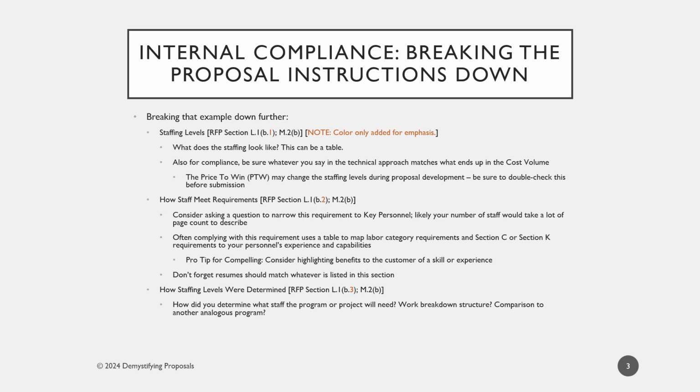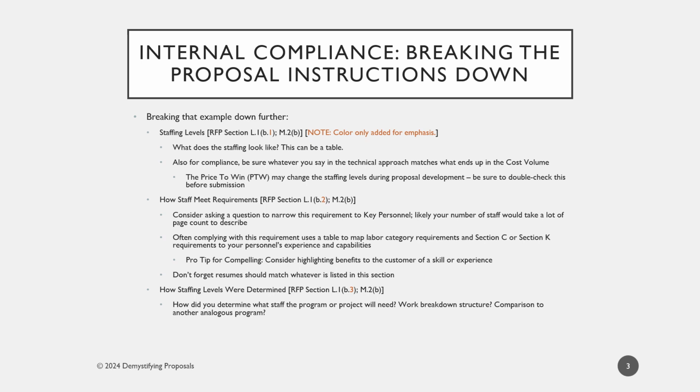So again, often complying with this requirement uses a table that maps the labor category requirements, the LCATs, and the Section C or Section K requirements, that's often where other places where they have requirements for your key personnel, to show how your personnel have that experience or those capabilities.